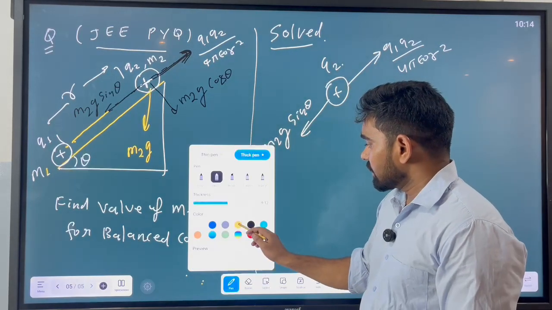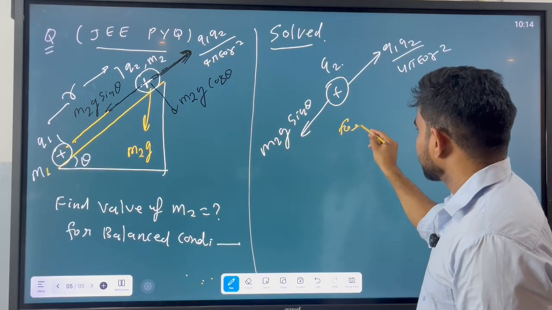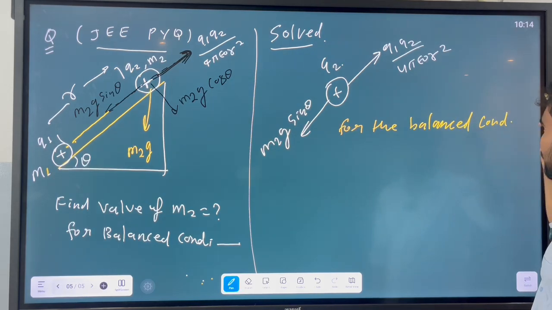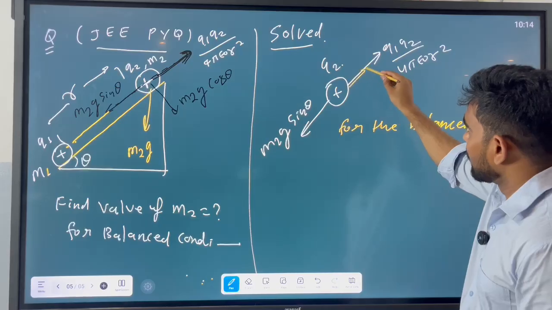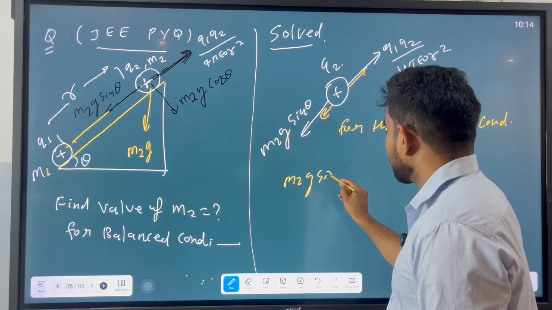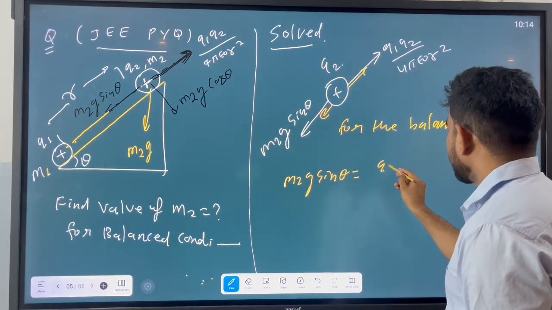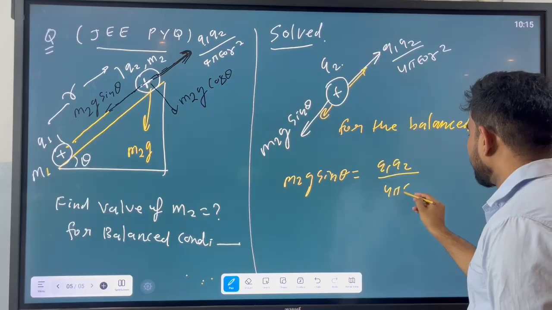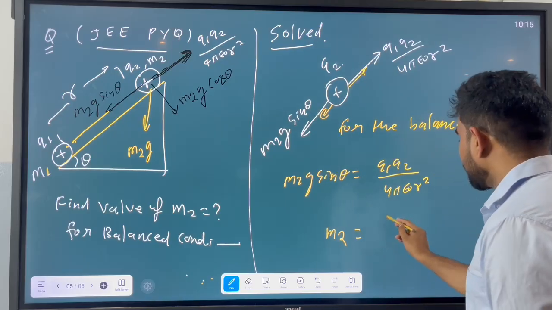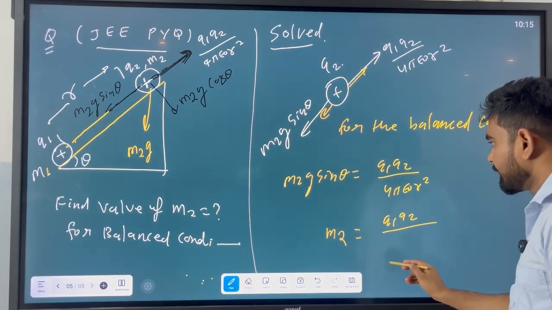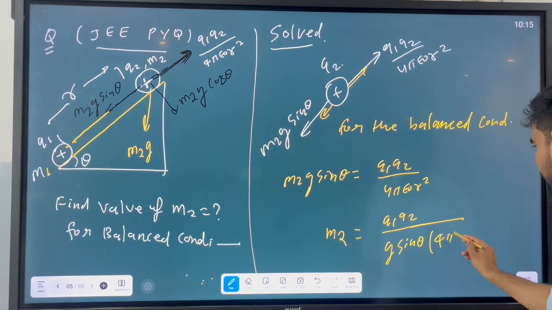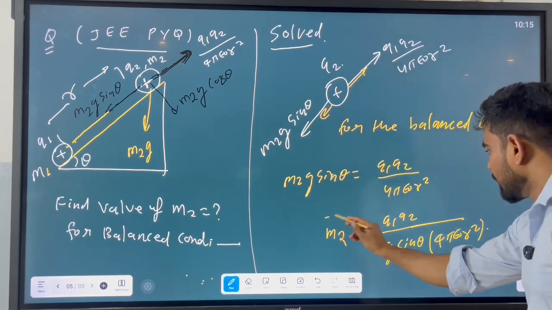For the balance condition, this force balances this force, so m2 g sin theta equals q1 times q2 divided by 4 pi epsilon naught r squared. Hence the value of m2 equals q1 times q2 divided by g sin theta multiplied by 4 pi epsilon naught r squared.